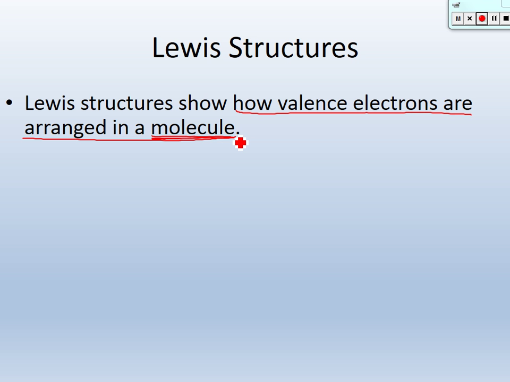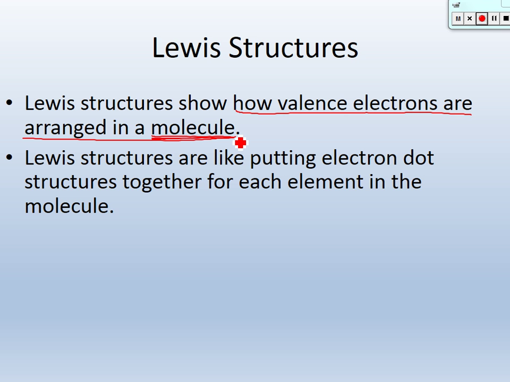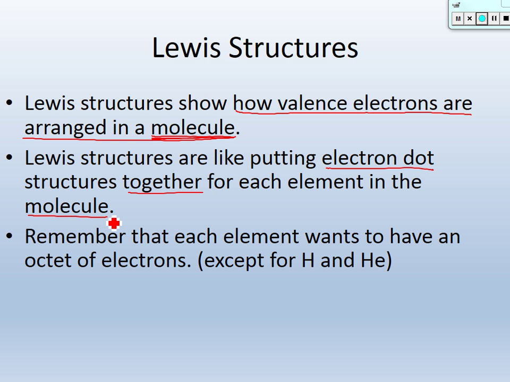Okay, multiple elements or multiple atoms. Lewis structures are like putting electron dot structures together for each element in the molecule. So we reviewed electron dot structures last chapter, but now we're going to put them together, a whole bunch of them for different elements, and make a molecule.